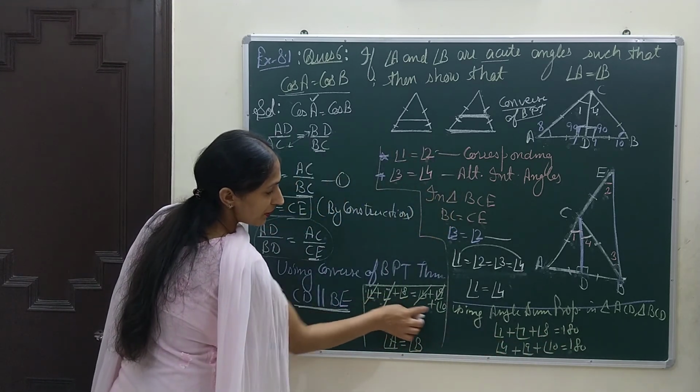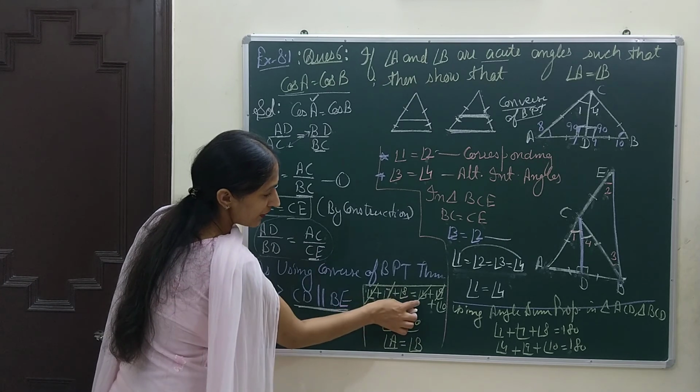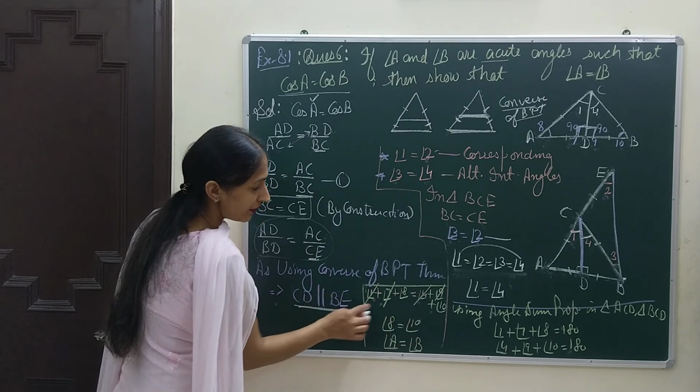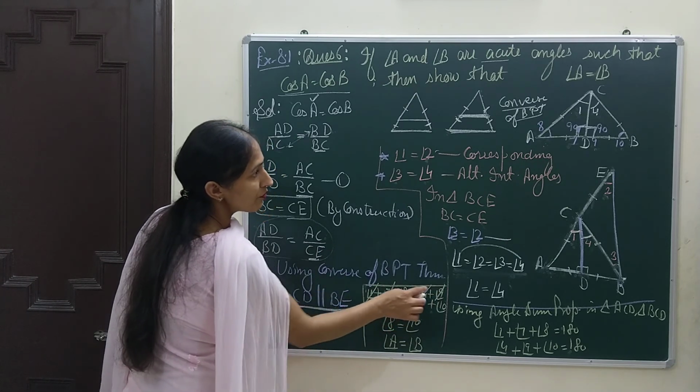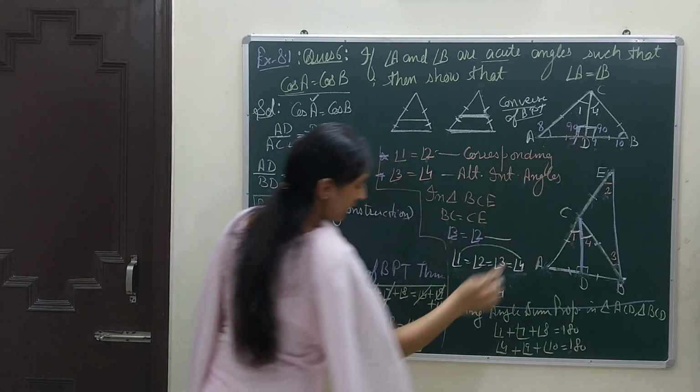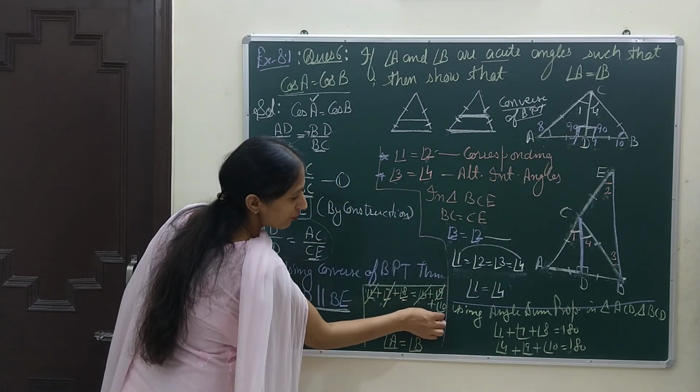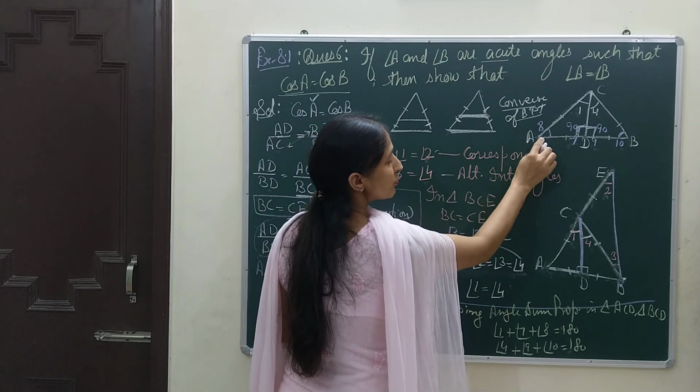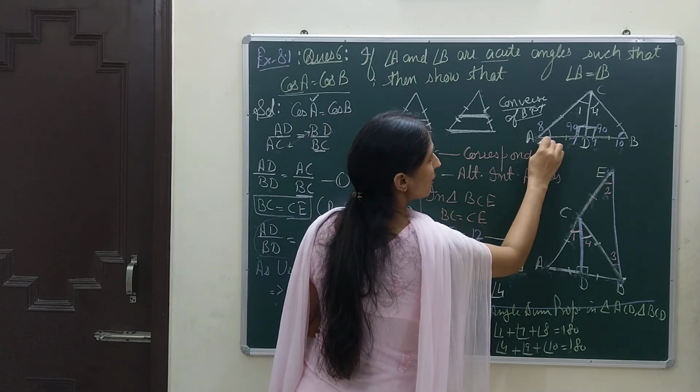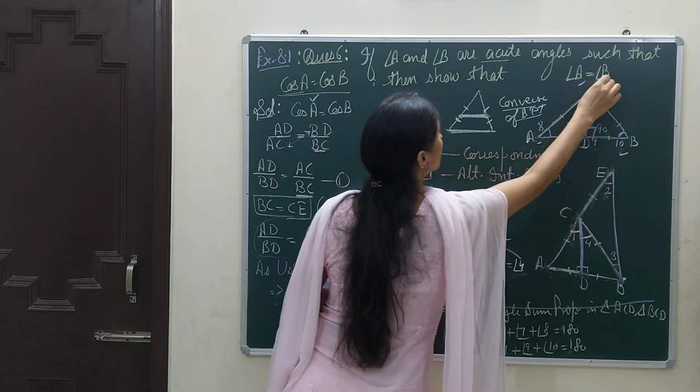Since 1 equals 4, I cancelled that. Then 7 and 9 were also equal, as both were 90 degrees. So I am left with angle 8 equal to 10, which was required, which was angle A and B. So I have got my result that angle A is equal to angle B.